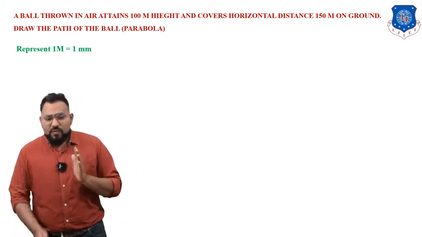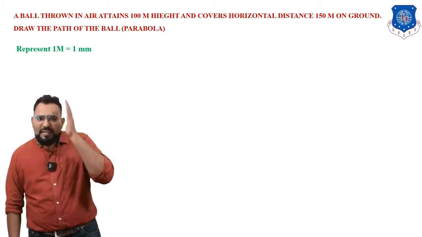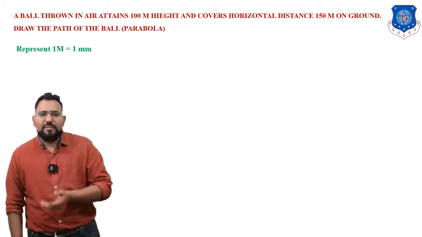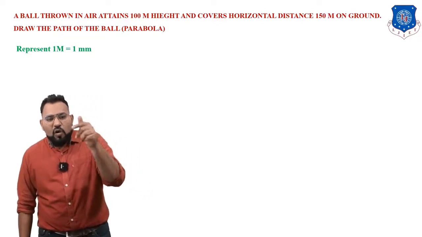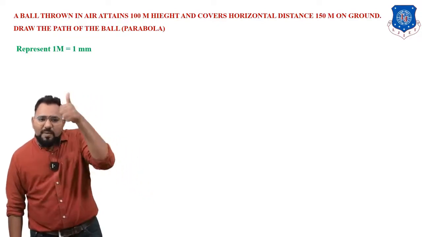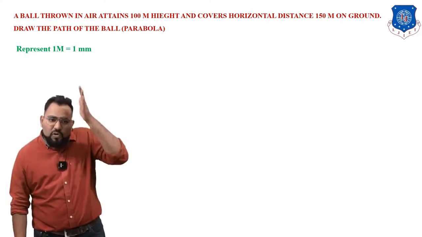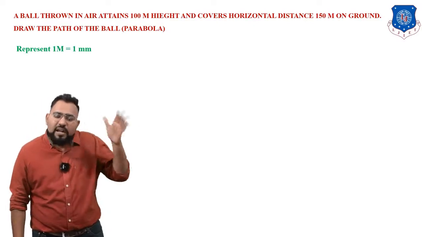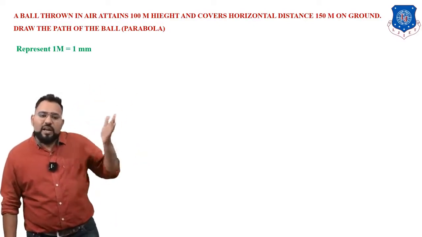Now, as you know this method is the rectangle method, you first have to draw a rectangle. But what dimensions? The ball attains a 100-meter height, and height is the vertical direction, so the vertical side is 100 mm, because we represent 1 meter as 1 mm.